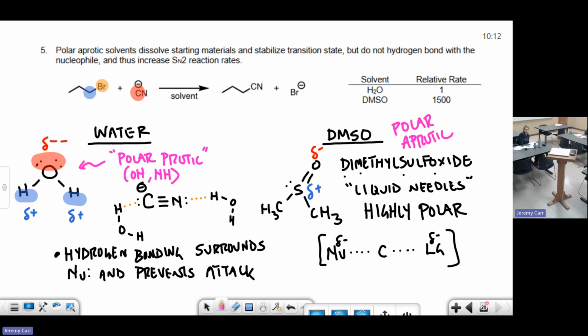That's good because now your mountain goes from being 4 miles tall down to like a mile tall. So it's a little easier to get over that transition state. The important point is that polar solvents tend to stabilize the transition state in an SN2 reaction.